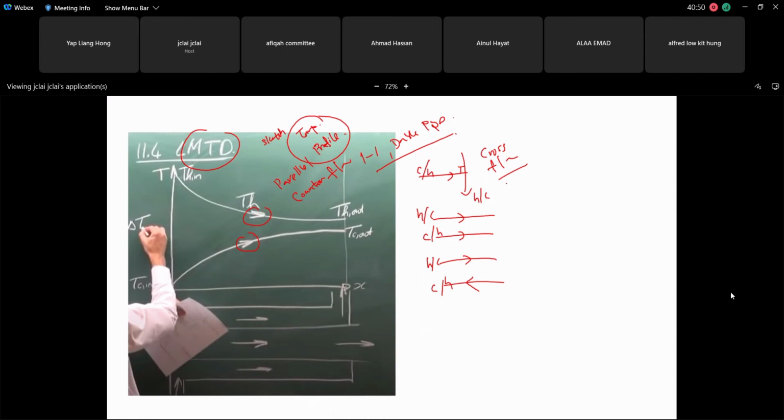So these are the three types of flow. Cross flow, 90 degrees between the flows. Parallel means in line. Then counter flow, opposite direction.